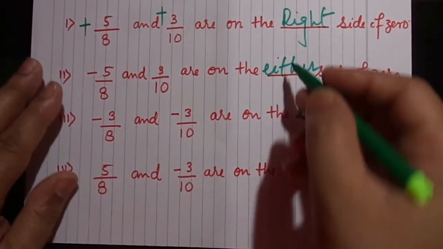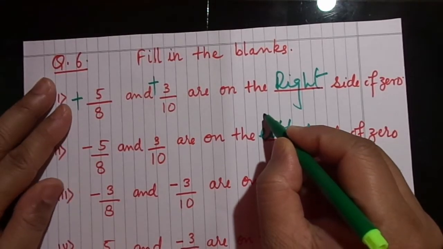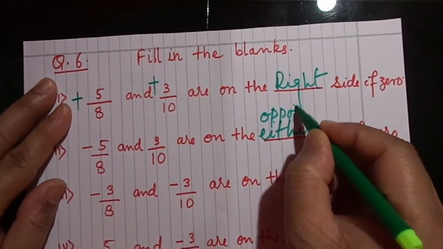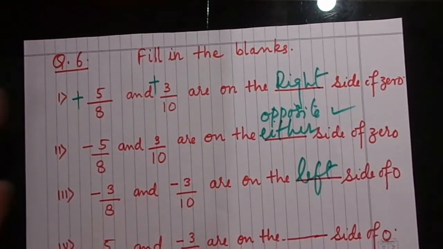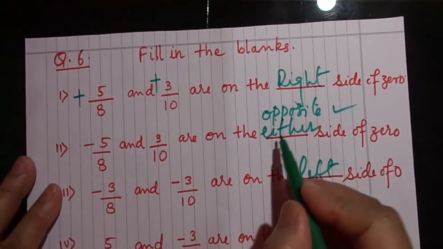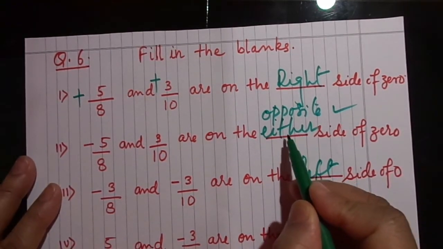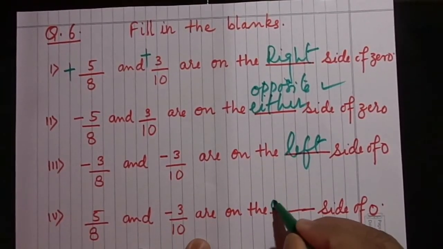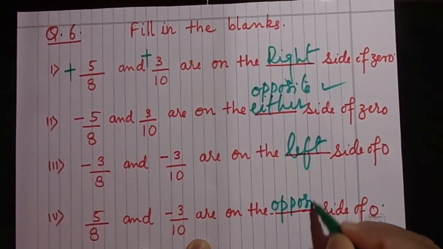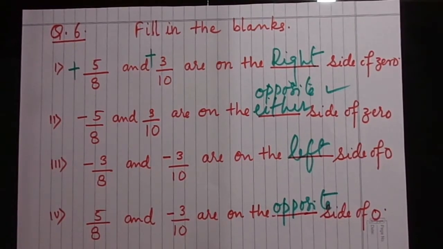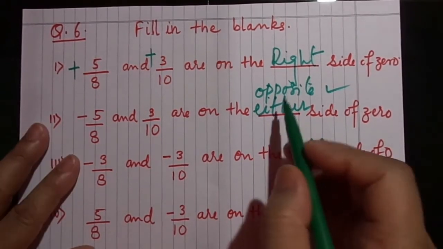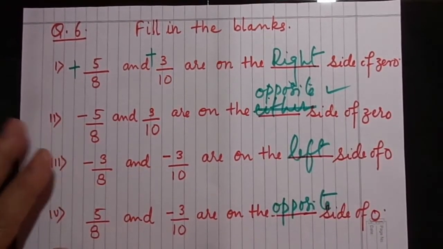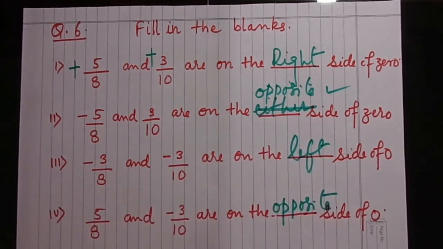Or instead of either, we can use the words opposite sign, which will fit better: opposite side of 0. So either is also right, opposite is also right. It's better you cut either and write opposite side of 0.